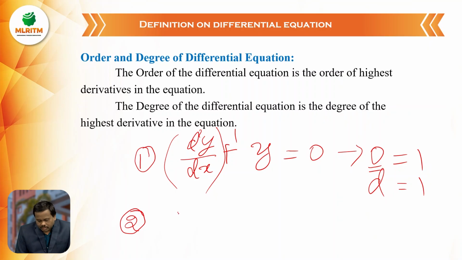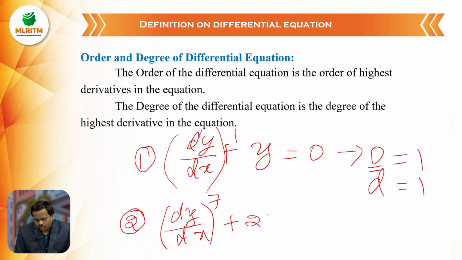We can go for one more example, that is (dy/dx)^7 + 2y = 0. Here the equation is dy/dx with power 7, plus 2y equal to 0.